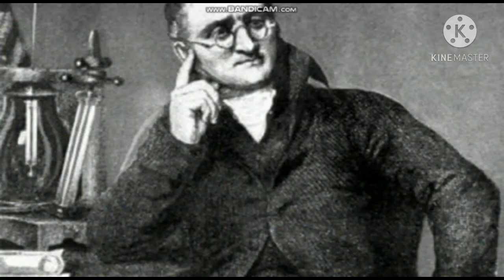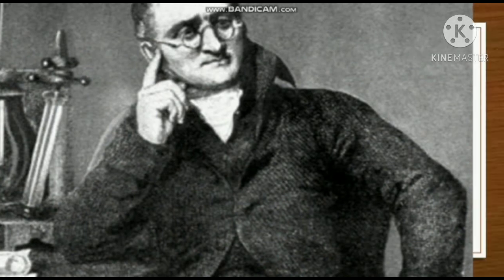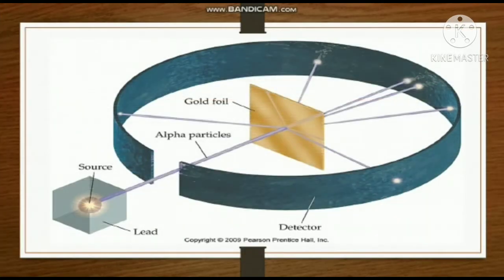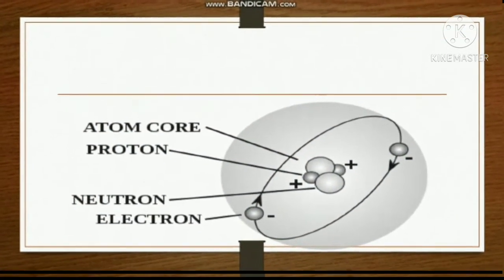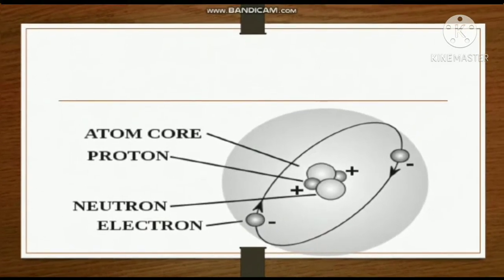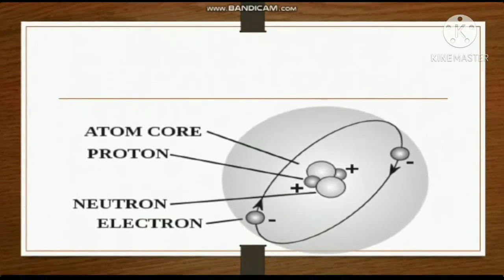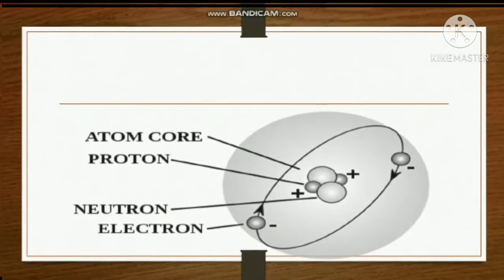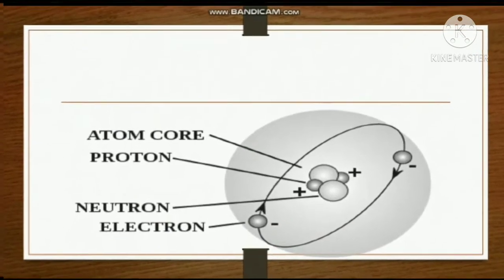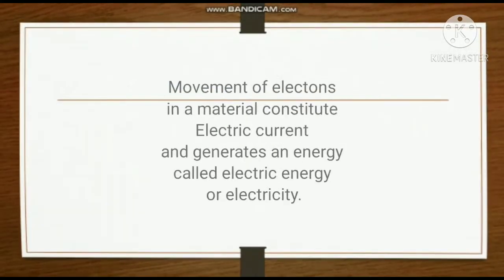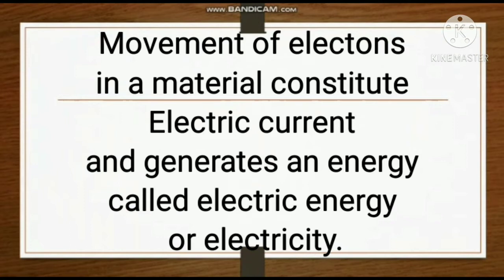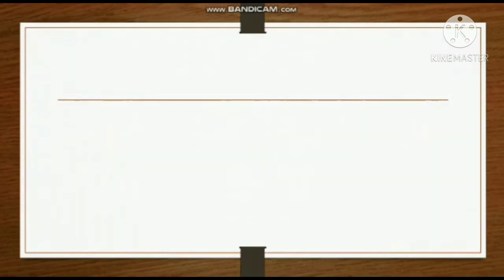But it was found out later through Rutherford's gold foil experiment that atoms are made up of particles like protons, electrons, and neutrons. The movement of electrons in a material constitutes electric current and generates an energy called electrical energy or electricity.